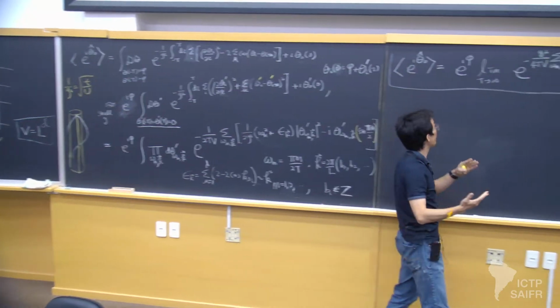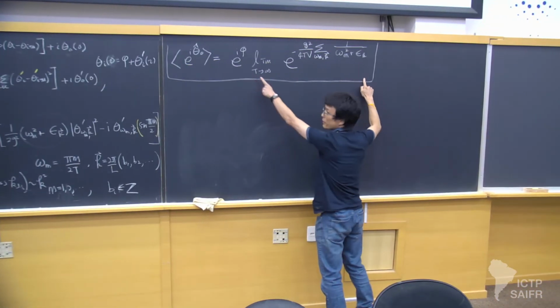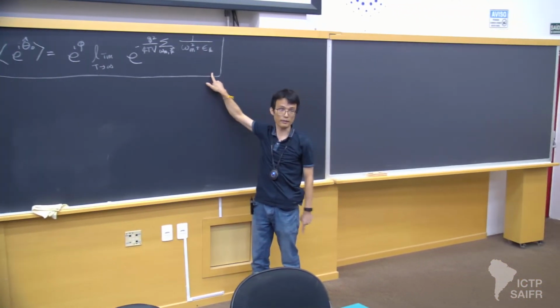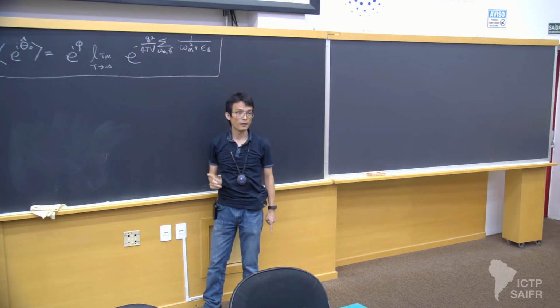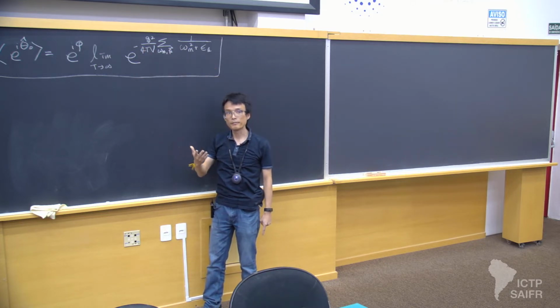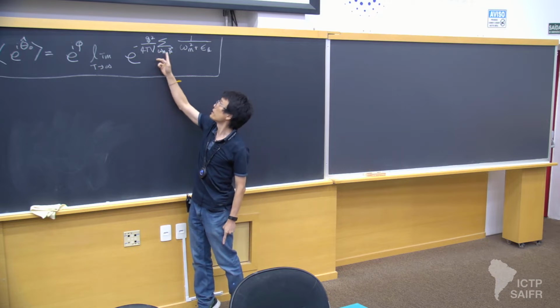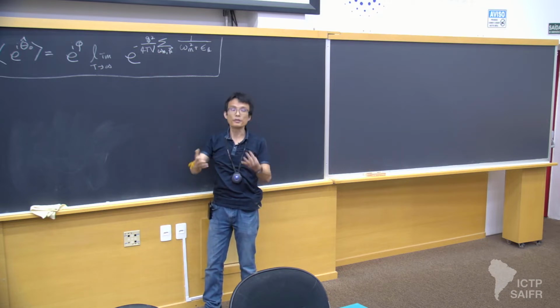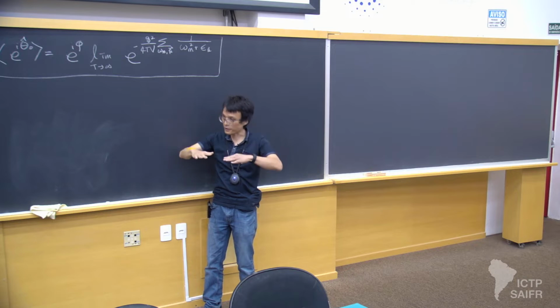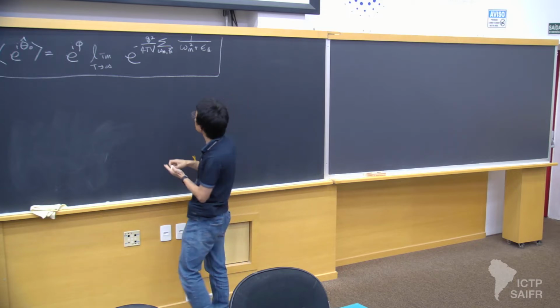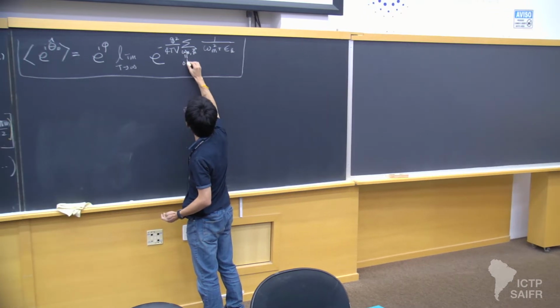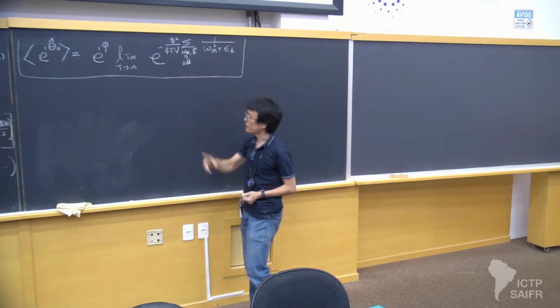How much it goes down is encoded in this expression here. This is something that is less than 1 because it's e to something negative. Different frequency and momentum modes contribute to the suppression of the angular momentum modes. I forgot, this is only odd frequency. Okay, so let's get there.